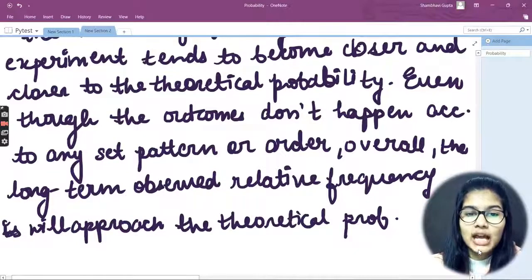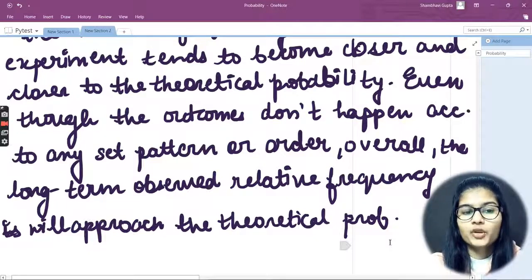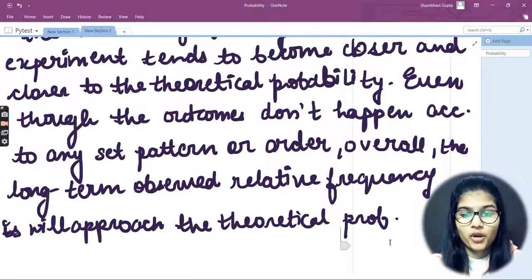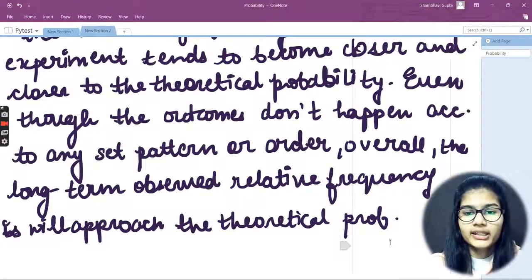Even though the outcomes do not happen according to any set pattern or order, overall the long-term observed relative frequency will approach the theoretical probability. It doesn't matter that there is no set pattern, but the relative frequency will approach closer and closer to the theoretical probability.